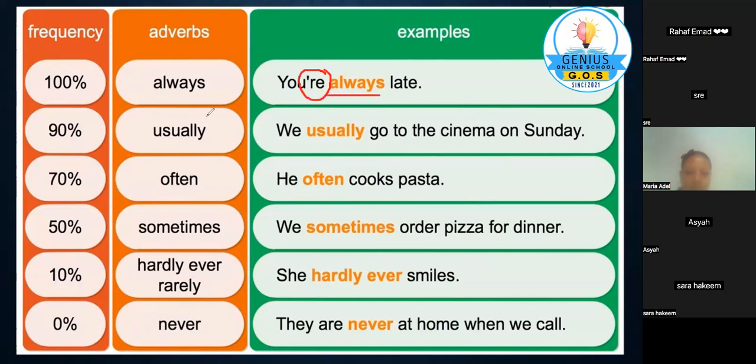You're always late, after verb to be, and before the main verb, between the subject and the main verb. We usually go between the subject and the main verb. But with verb to be, it comes after the subject and verb to be. Okay, Sarah?